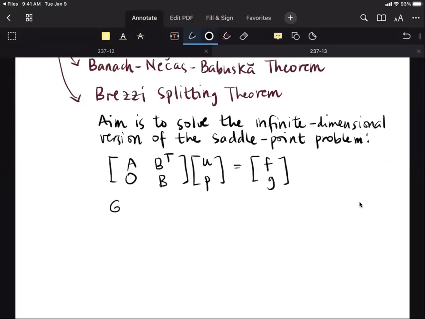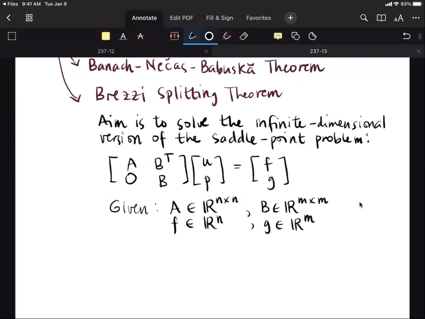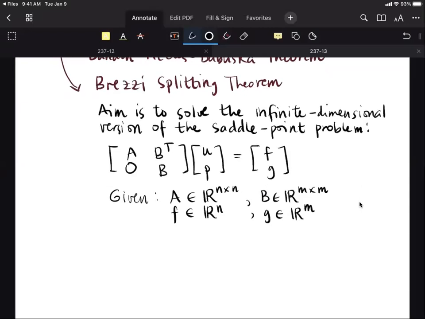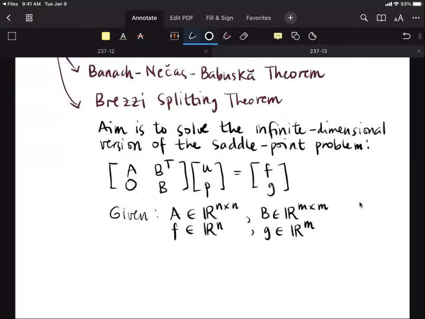Here, the given data is the matrix A, which is, let's say, an n by n matrix. B is also a square matrix. F is a vector in Rn. G is a vector in Rm. Aha, so this should not be a square matrix.